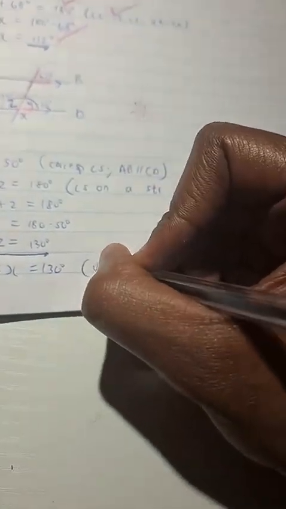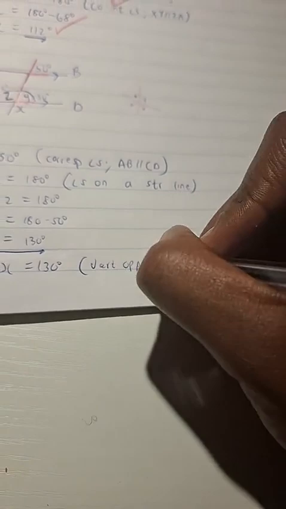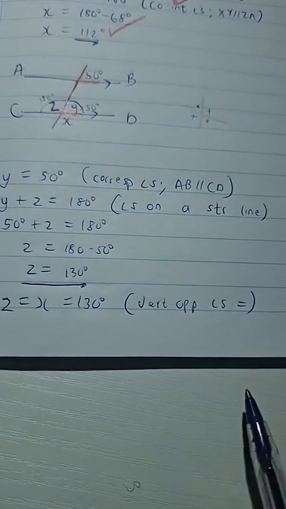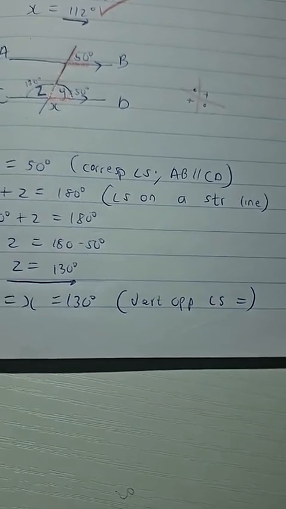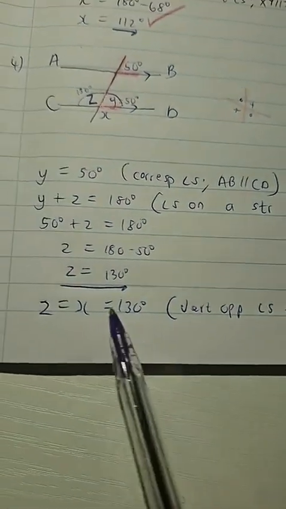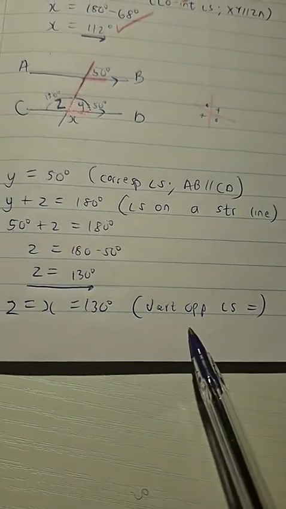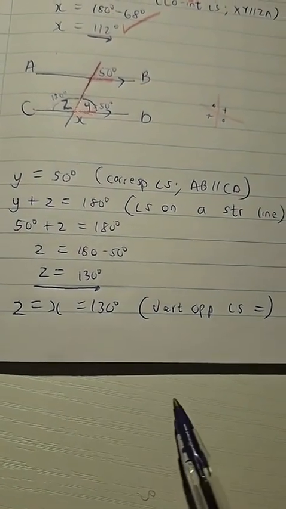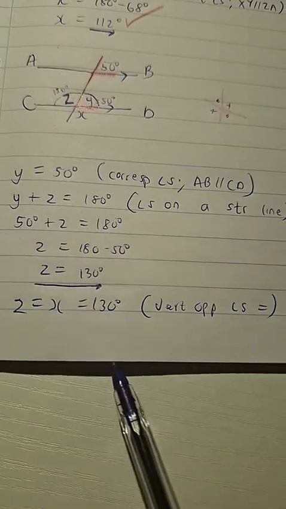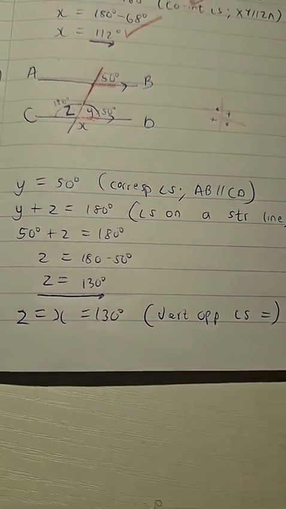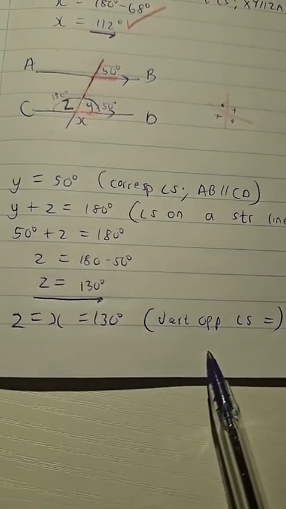And our reason could simply be vertically opposite angles are equal. Okay. Hello, Aiden. Okay, so that's perfectly fine. We could definitely go that direction as well and get the value of x in that way.